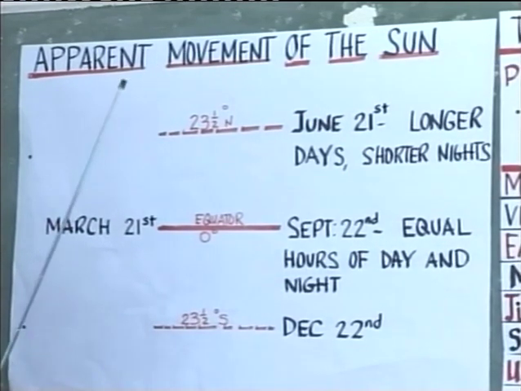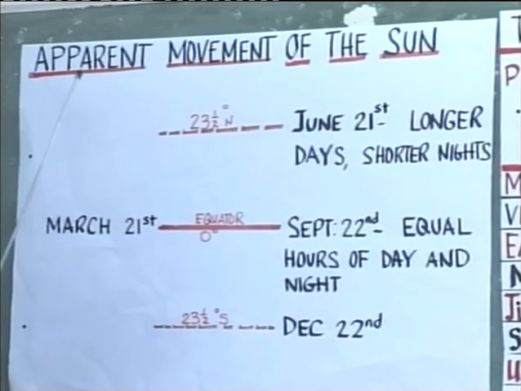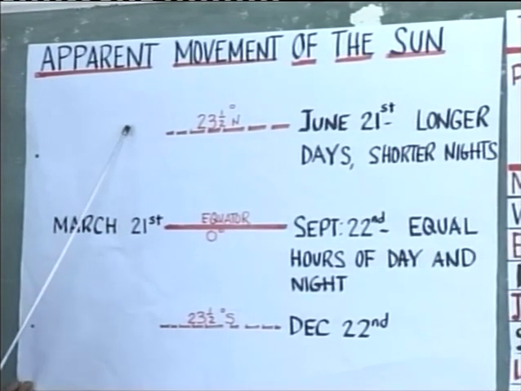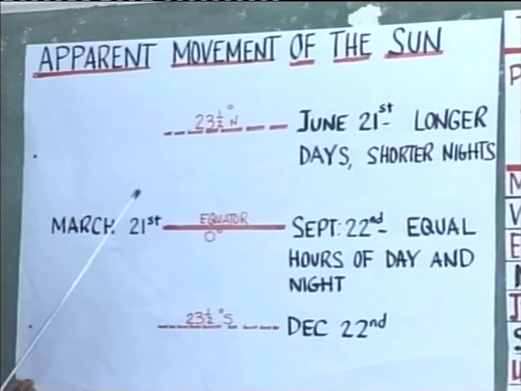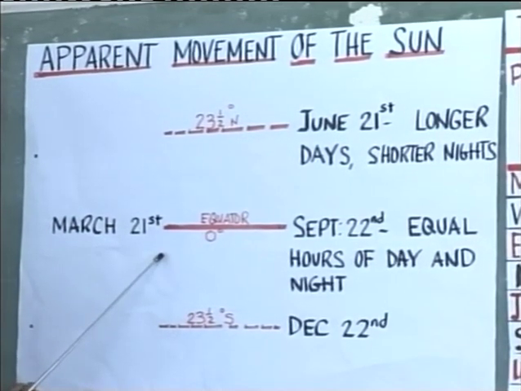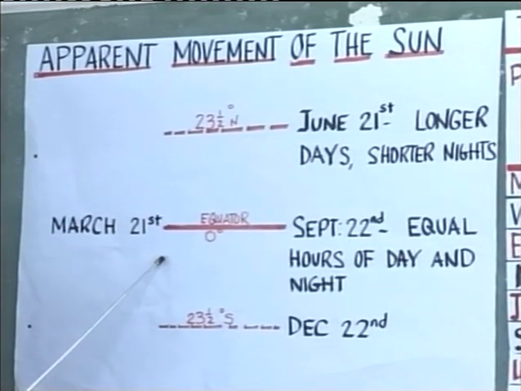It is the other planets that rotate and also revolve around that sun. If we look at the explanation of the seasons and the varying length of day and night, this is one way of showing that information, and perhaps we might understand it a little better.